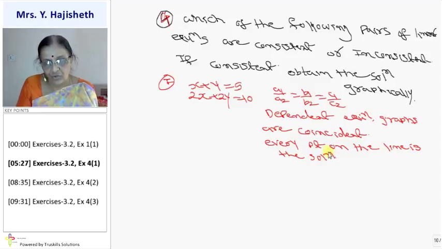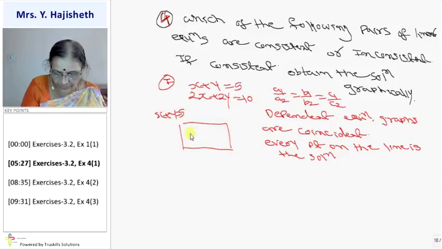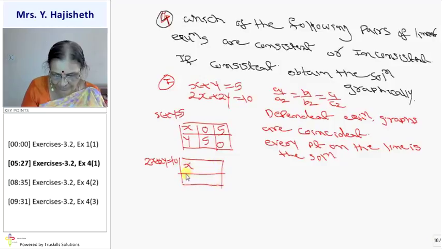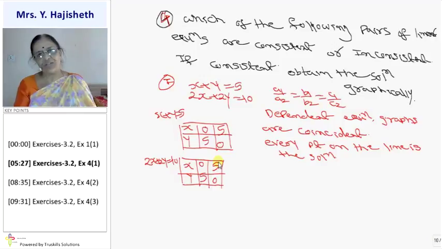If you draw the graph, the table for both will be the same. See, x plus y is 5: take two values, x 0 then y 5, and y 0 then x 5. Take them for the other also, 2x plus 2y is 10: x 0, y 5, y 0, x 5. So you will draw the same graph. Graphs are coincident. So it is consistent but dependent.